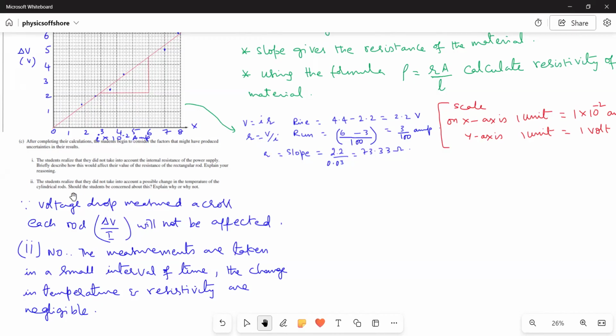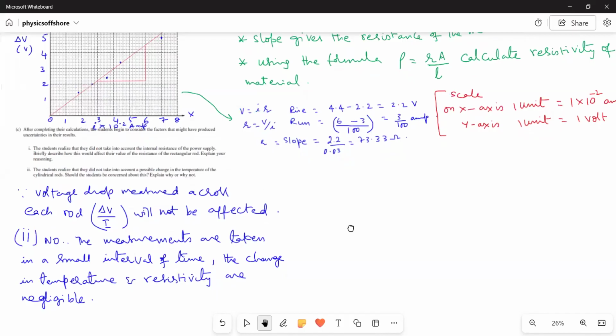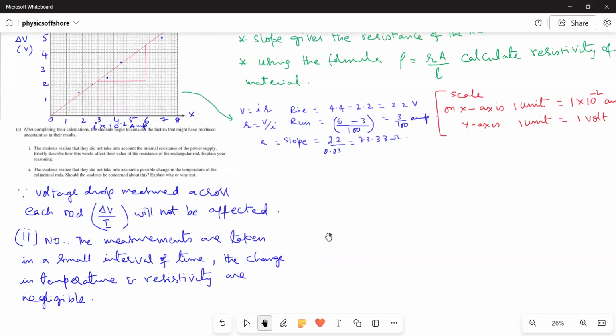And then the next one is the students realize that they did not take into account a possible change in the temperature. Okay. Now, when it comes to the temperature, how much time are the students keeping each rod in the circuit? Hardly 2, 3 minutes to note down the ammeter reading and voltmeter reading. Hardly they will need 1 minute, not more than that.